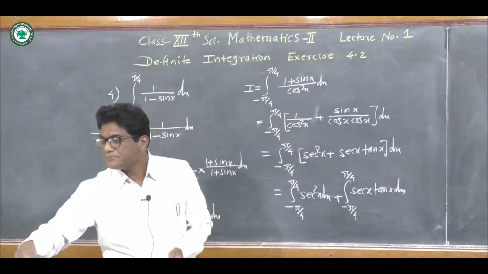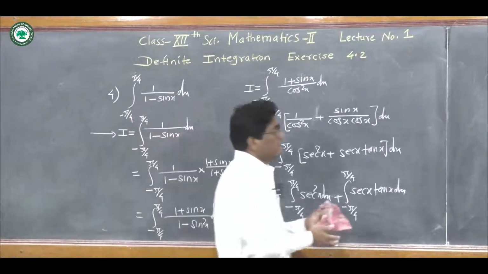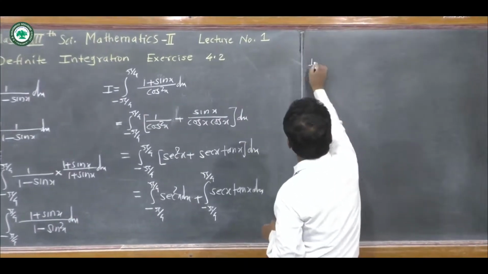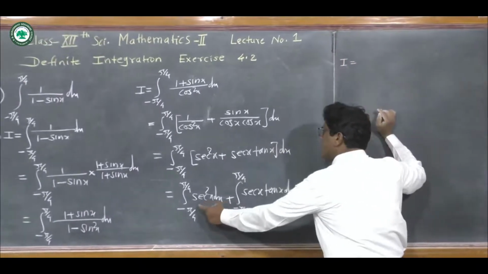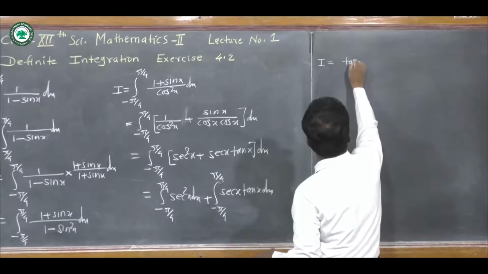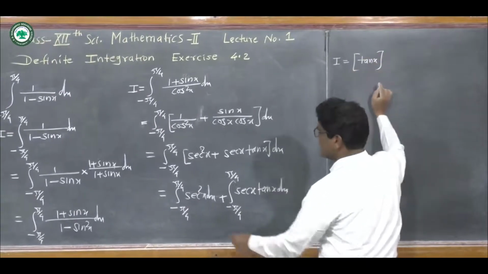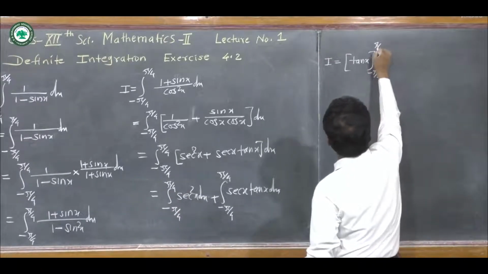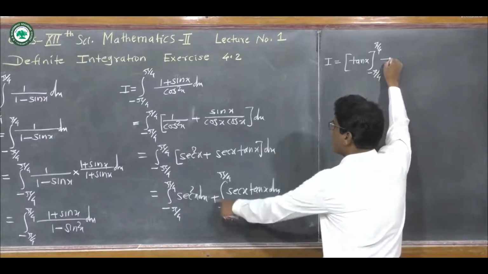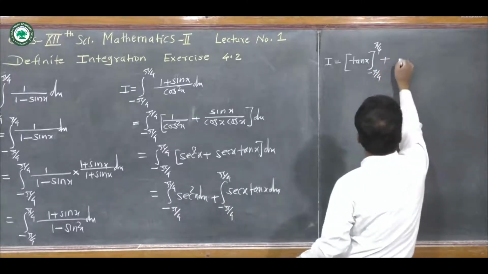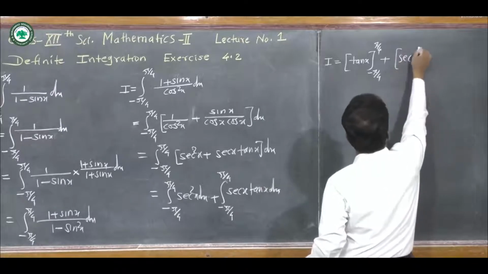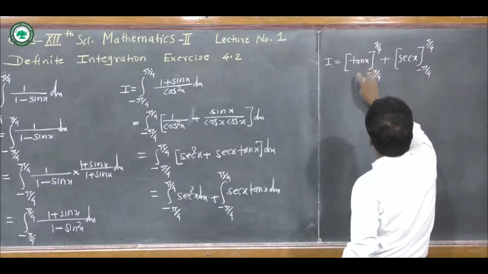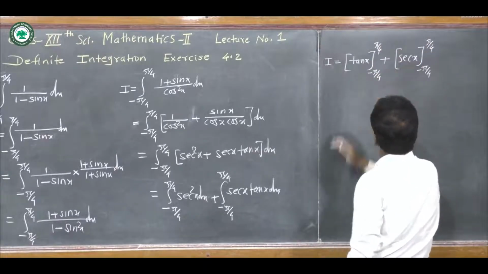So we use here I is equal to integration of sec square x dx, that is equal to tan x, and it is from minus pi by 4 to pi by 4, plus here integration of sec x tan x is sec x, and it is also from minus pi by 4 to pi by 4.